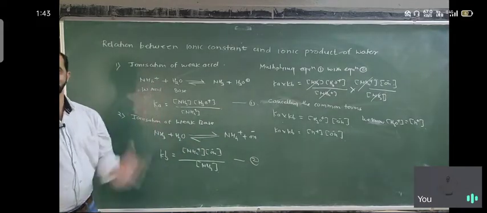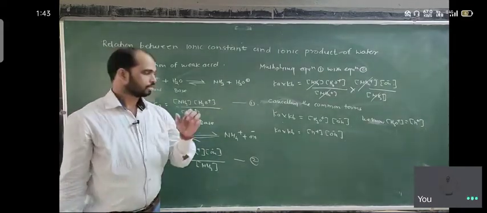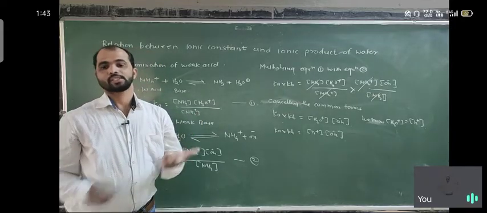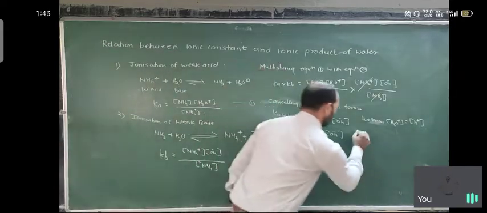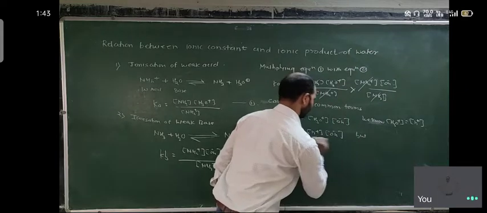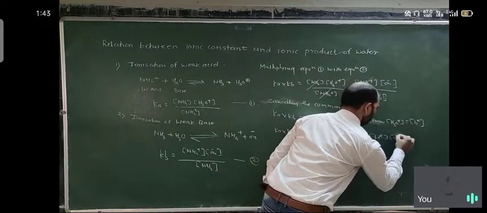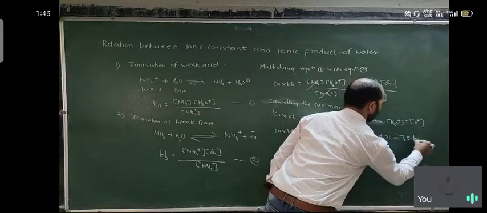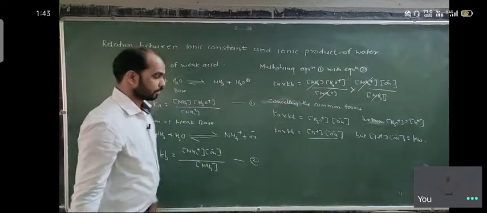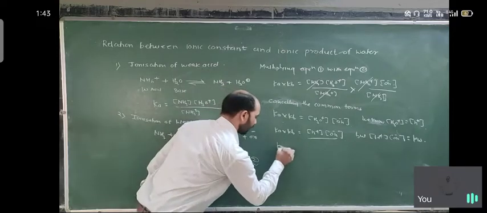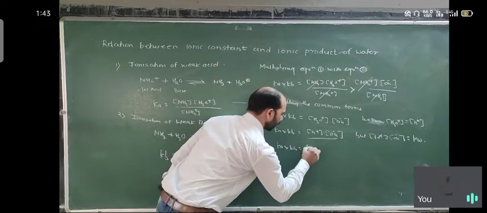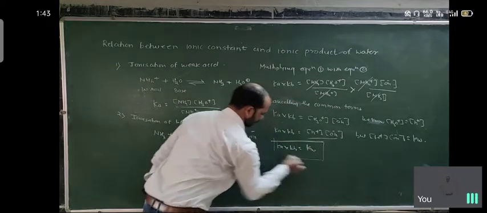In the last lecture we already learned the Kw, the dissociation constant; this is the product. So H plus into OH minus is equal to Kw. So Ka into Kb is equal to Kw, and this is the relation.